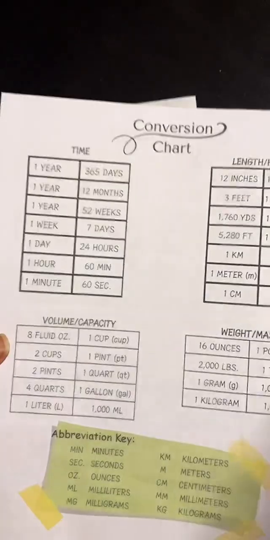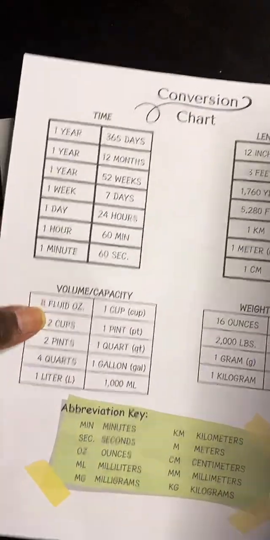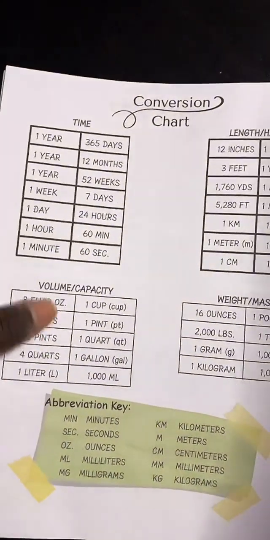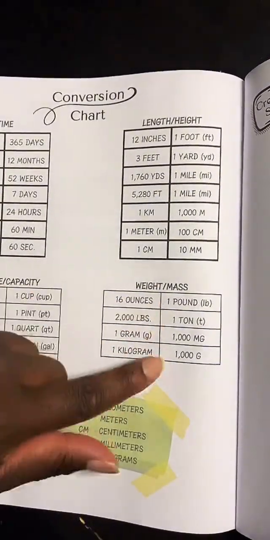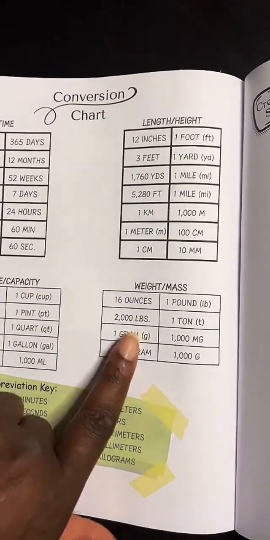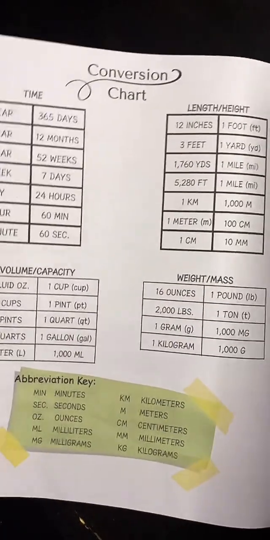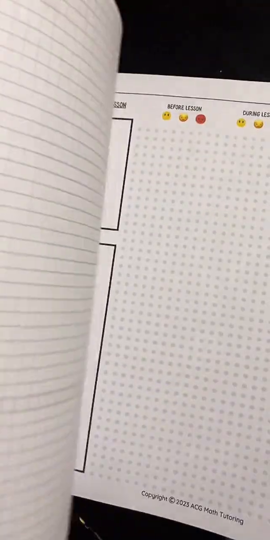For my nurses, you guys are usually doing these conversions, this and weight. Those are the two main ones that you guys see a lot of. So all of it is right here in my handy dandy notebook, okay?